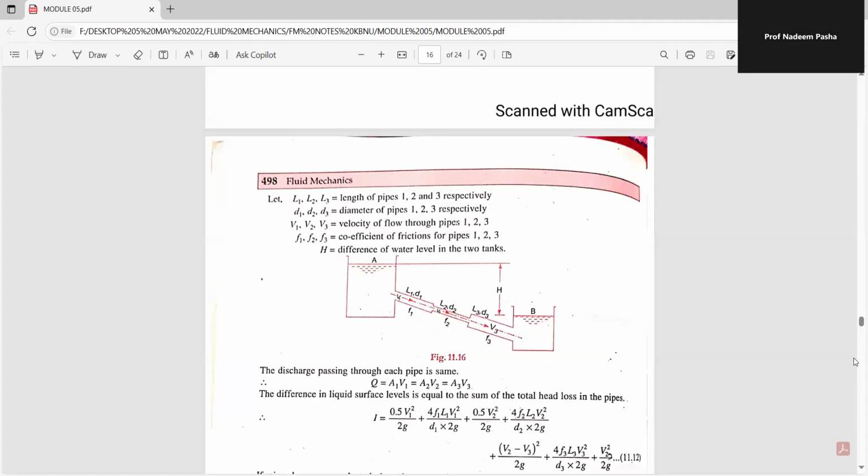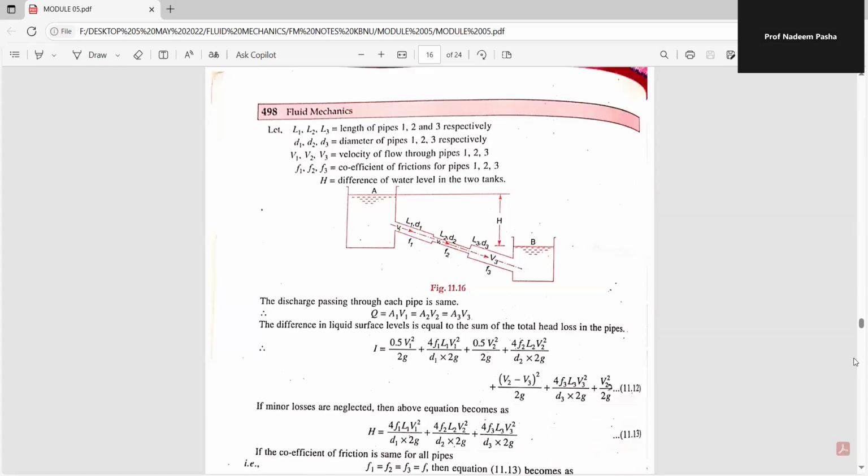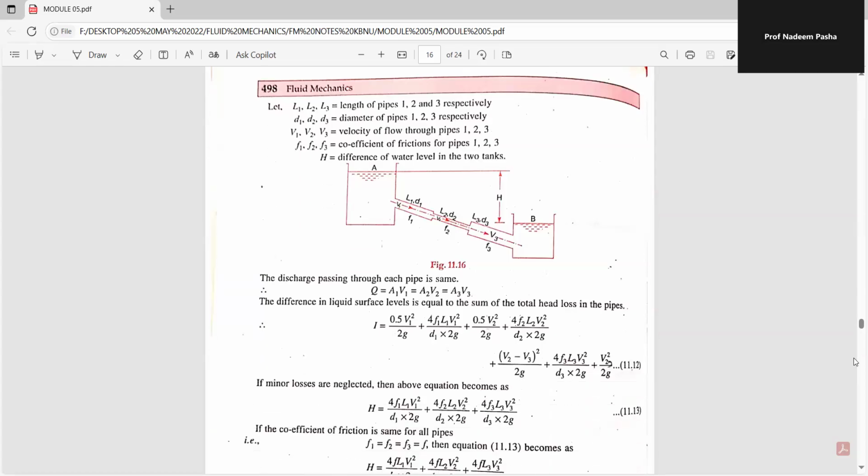So H is equal to the loss of head at the entrance, 0.5 V1 square by 2g, plus loss of head due to friction, 4 f1 L1 V1 square by D1 into 2g, plus 0.5 V2 square by 2g for contraction, plus 4 f2 L2 V2 square by D2 into 2g, plus (V2 minus V3) whole square by 2g, plus 4 f3 L3 V3 square by D3 into 2g, plus V3 square by 2g.